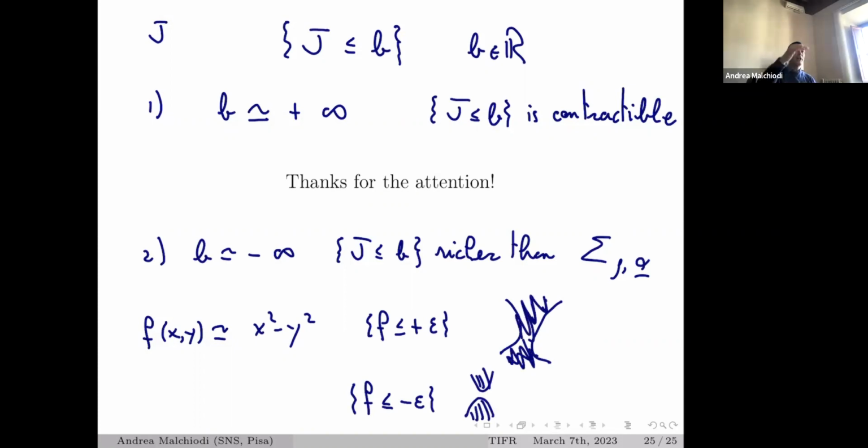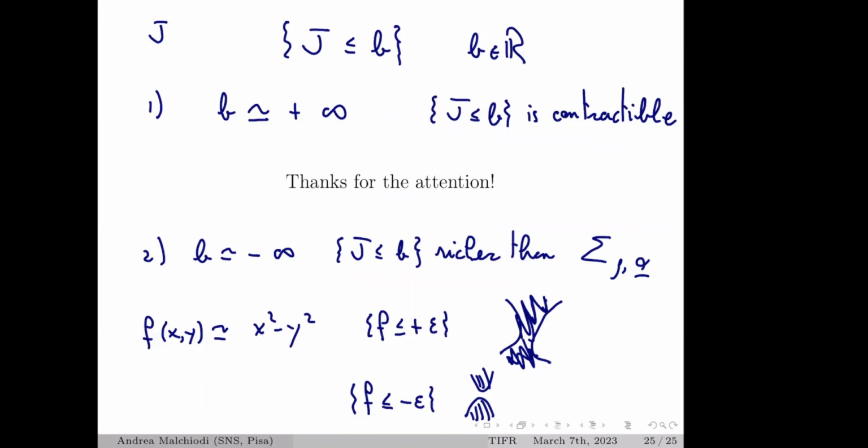So there is a change in topology. And if you have compactness conditions, it's a sign of the presence of critical points. So we use this assumption to detect a change in topology from very high sublevels of the energy and very low sublevels of the energy.